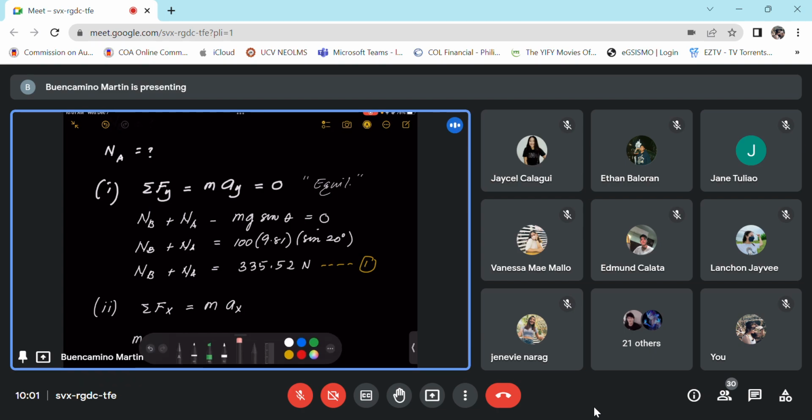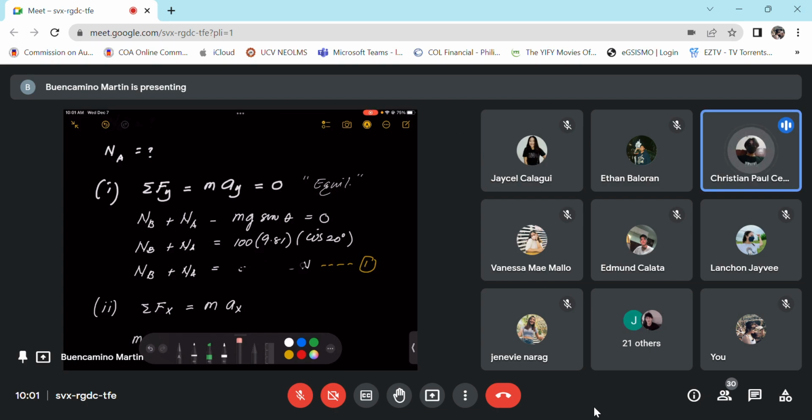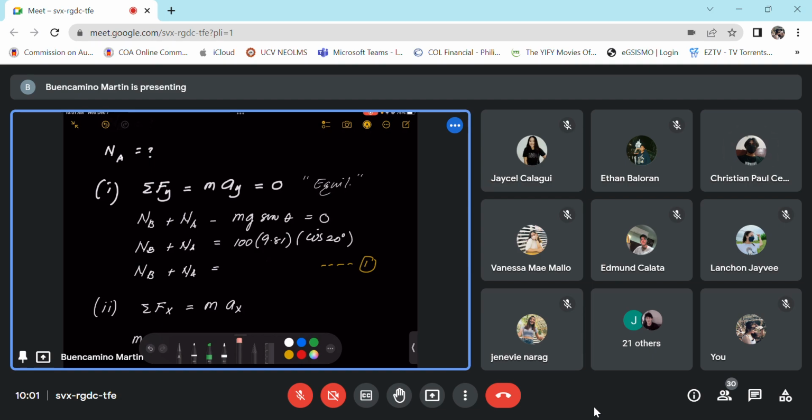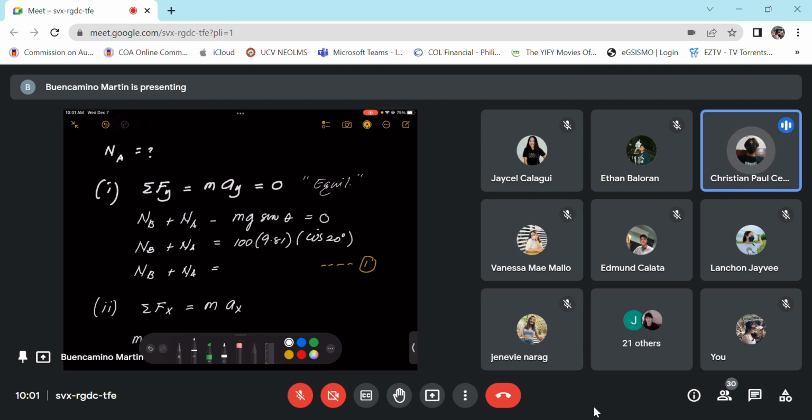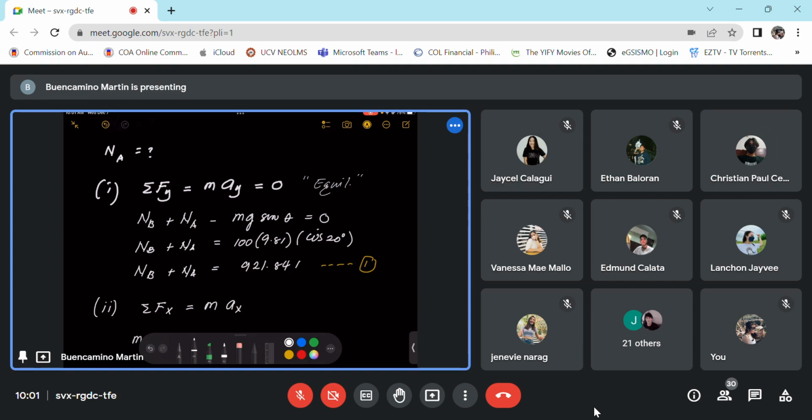Okay, this is correct now. Cosine 20 degrees, computing, 921.84 Newton.